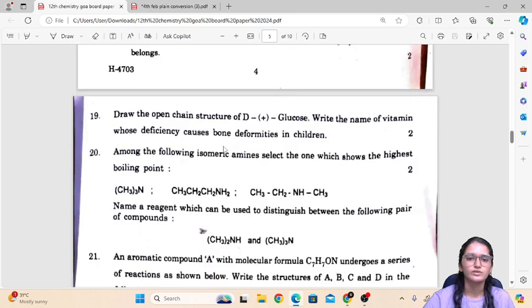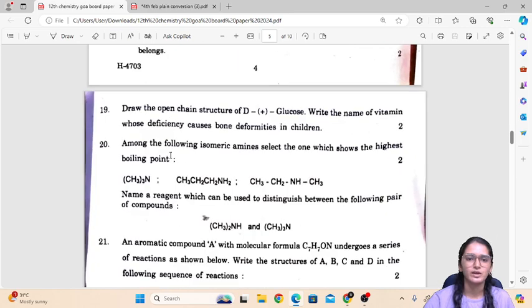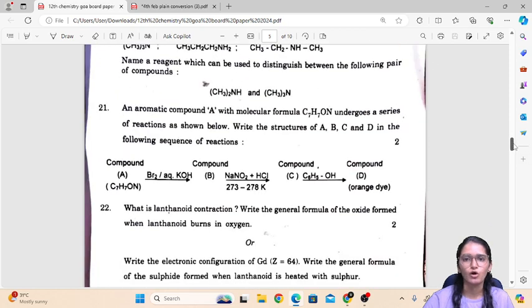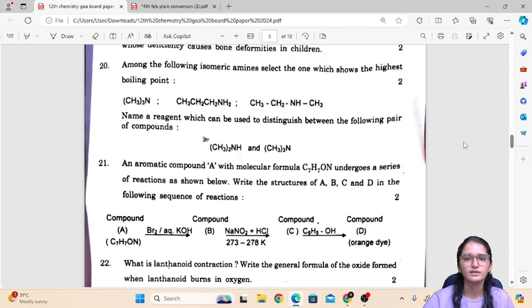Now the next question is from the amines chapter. Among the following isomeric amines, select the one which shows the highest boiling point. For this question we need to know the concept behind the boiling point order.